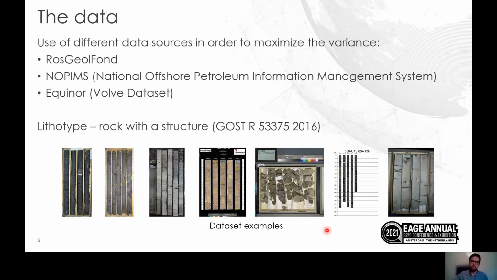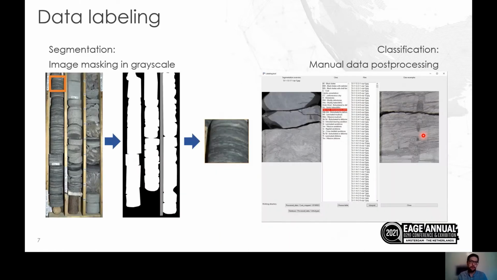So this is one of the problems that can appear when you train an algorithm, but with the application of different augmentation techniques, we are able to solve such a problem. So the main class which we used is lithotype, which is a type of rock with some structure.